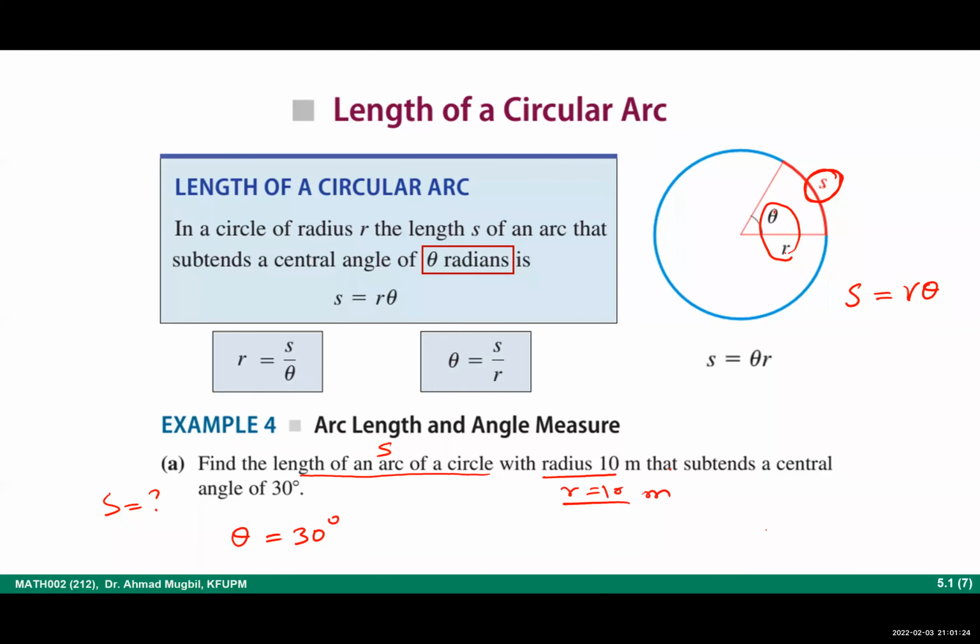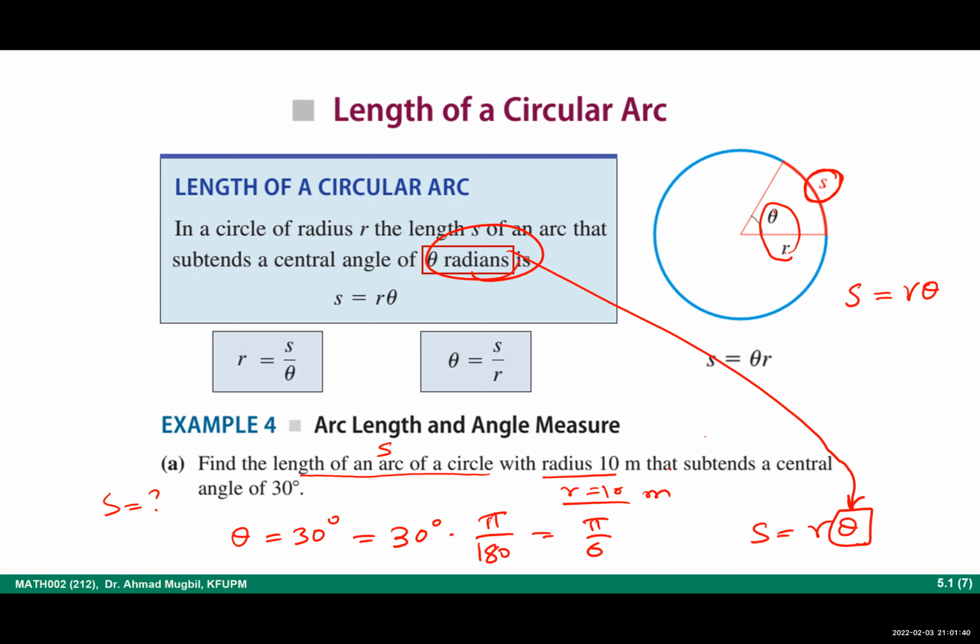You cannot work, of course, S is R theta, but theta is in radians. Look. So what you need to do, you need to convert this to radians. How to convert from degrees to radians? Multiply by what? Pi over 180. This will give you pi over 6. Remember that 30 degrees is pi over 6. So now S equals R theta.